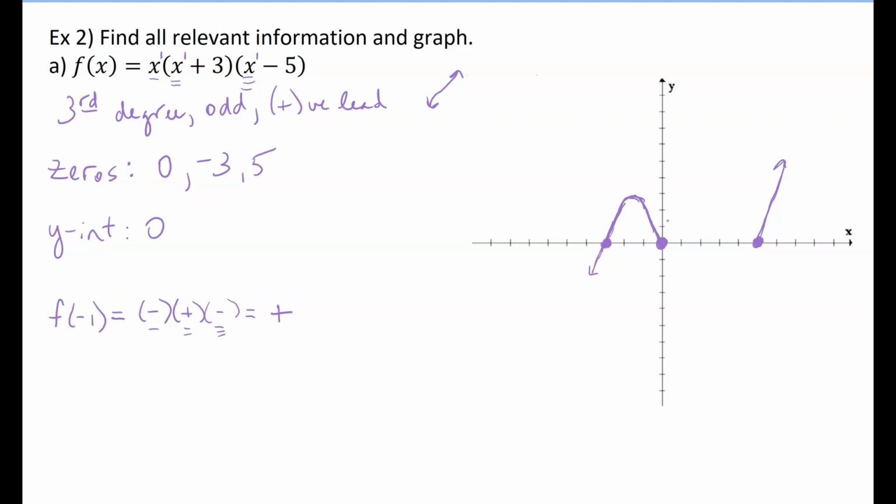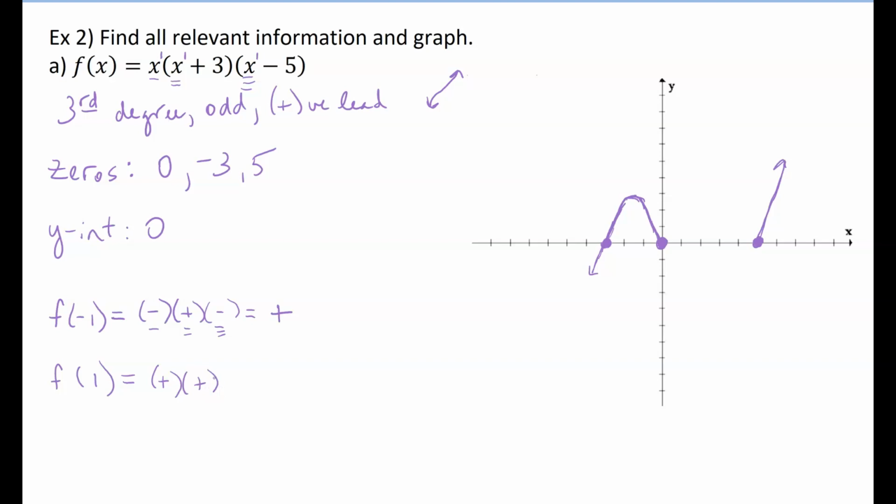You just choose a point. Yep. Now I'm going to choose another point. What's a nice easy point? 3. I'm going to stick with 1. 1's easier. All right. So if I plug in 1 for the x, I get a positive. And for the next one, 1 plus 3 is a positive.